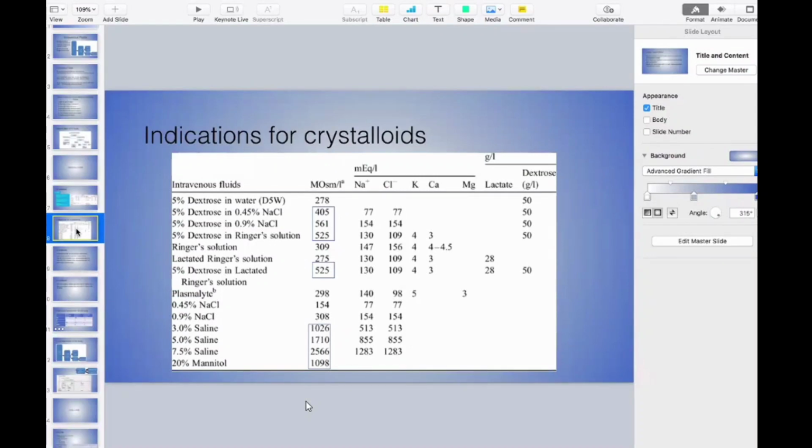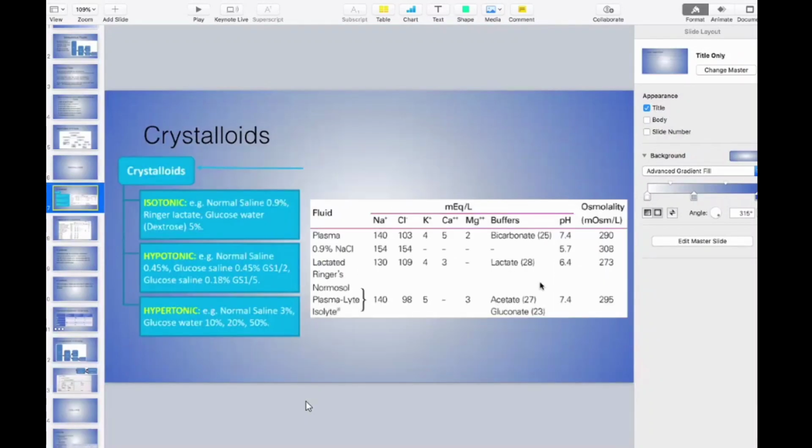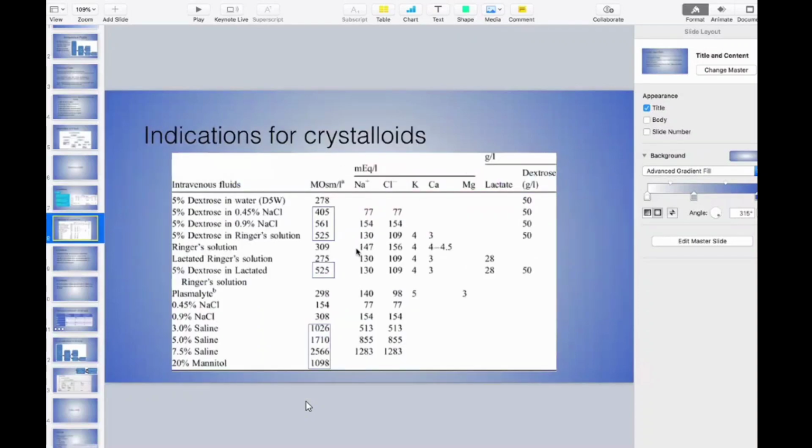Other than that, the next most physiological solution available is lactate, but even that is not in our setup. Most of the time we are using normal saline. These isotonic solutions are used to replace fluid, for maintenance fluids or resuscitation, as a first line fluid.